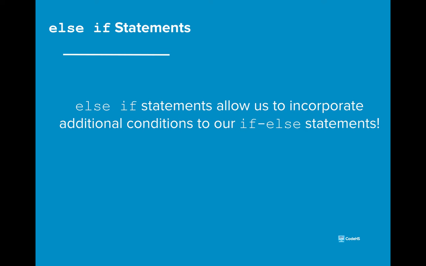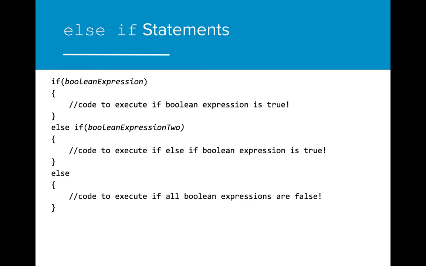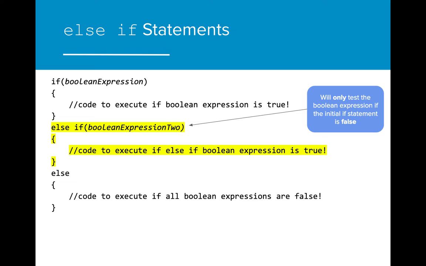Else-if statements allow us to incorporate additional conditions to our if-else statements. Else-if statements can be written in the same format as regular if statements, except they include the keyword else before the if statement. Similar to the else statement, the else-if will only test its Boolean expression if the initial if statement evaluates to false.